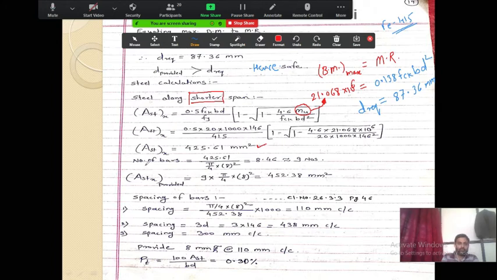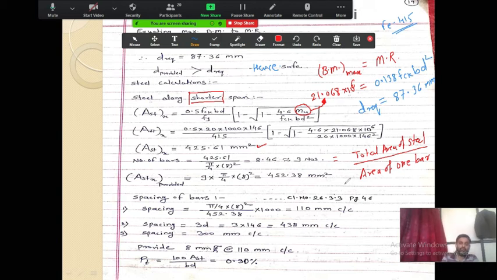Now from that, calculate the number of bars. How to calculate the number of bars? The number of bars is equal to total area of steel divided by area of one bar. So total area of steel is 425.61 divided by the area of a single bar, which gives 8.46.